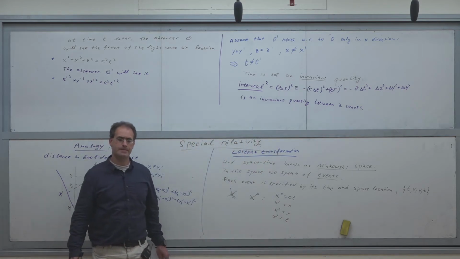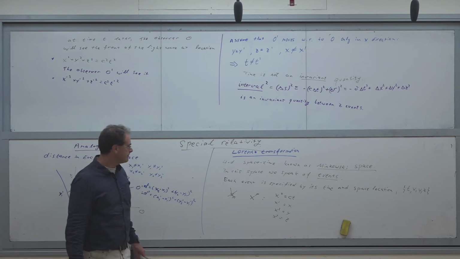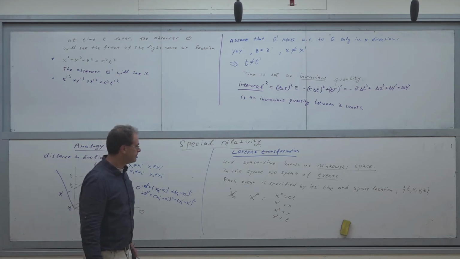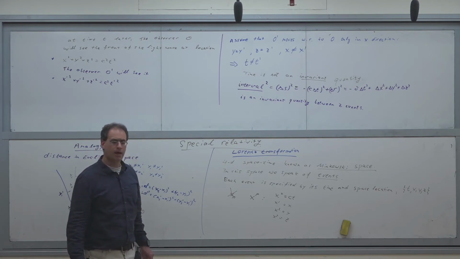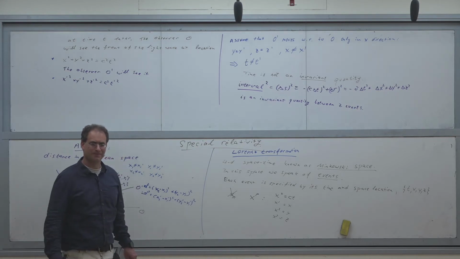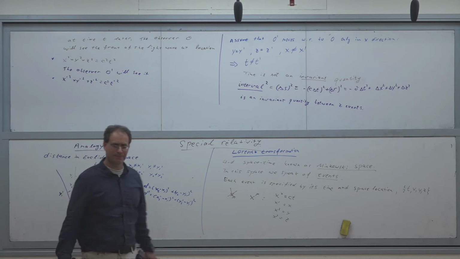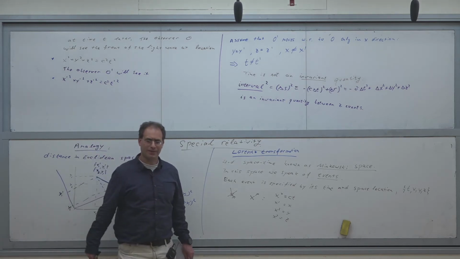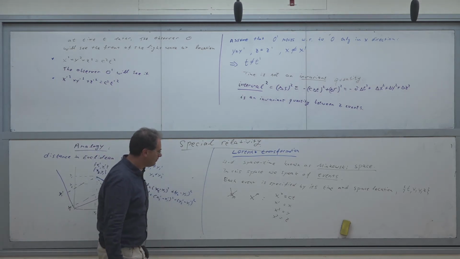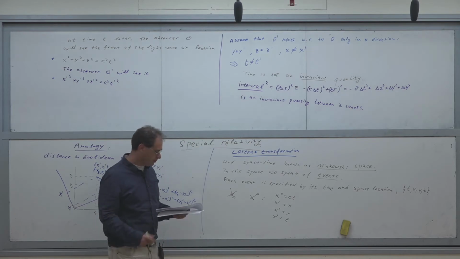Yes? Why it's upper, the mathematical justification, you will see; right now just accept it. We will thoroughly discuss that. Right now, simply accept what I'm saying. Okay? This is a definition. X mu, right?